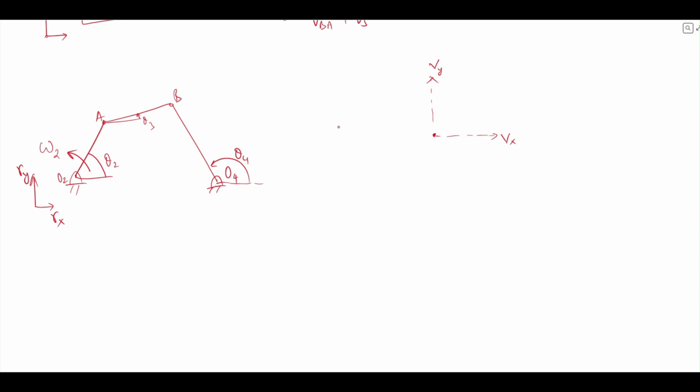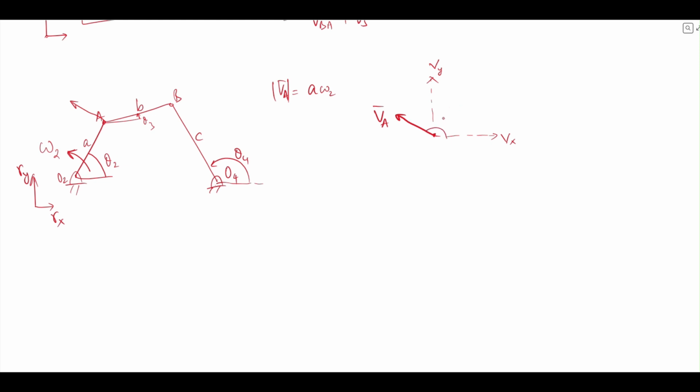From here, I can first mark the velocity of the known point A. We know that the velocity of point A is going to be in this direction. This is VA, that is coming from this length being a. We know VA is a times omega 2. That's the magnitude. The direction is based on the position of the point A, which is at theta 2.